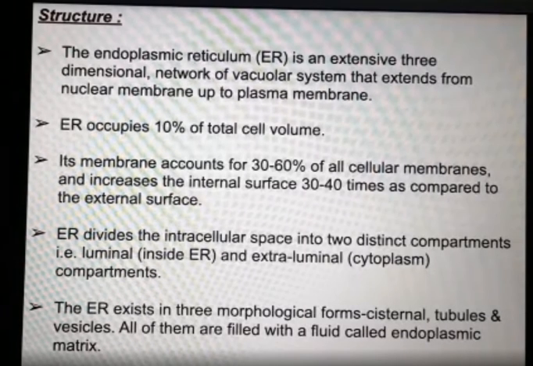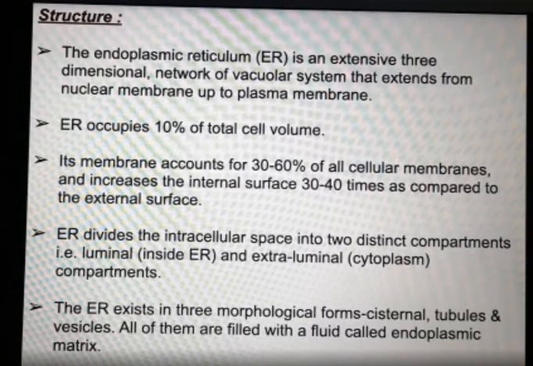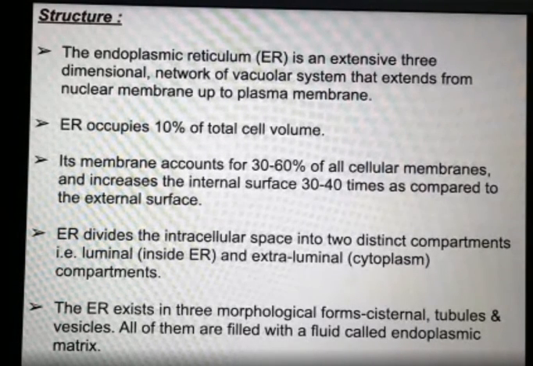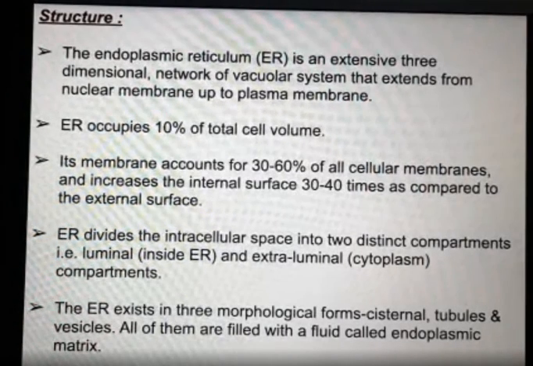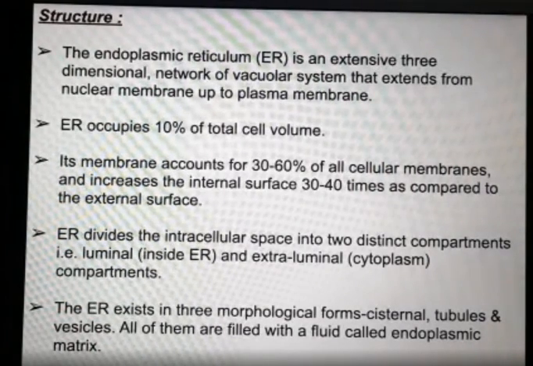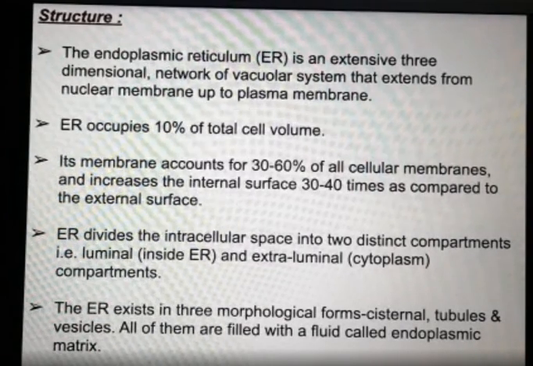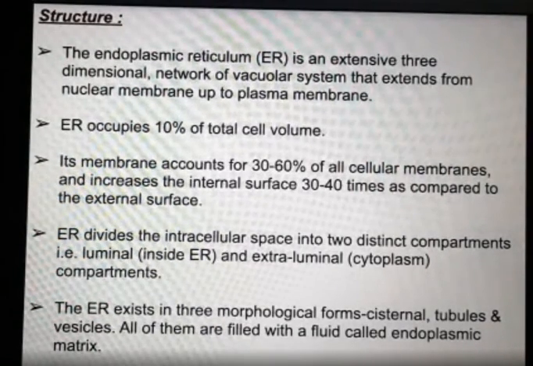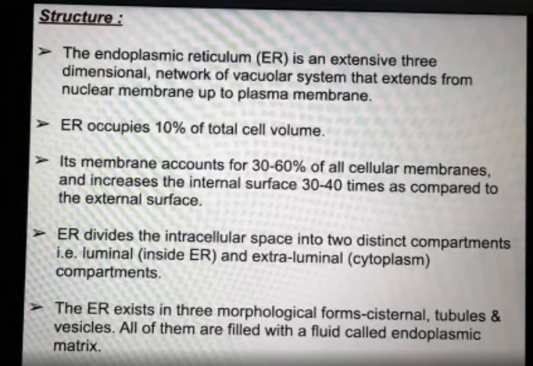The endoplasmic reticulum divides the intracellular space into two distinct compartments: the luminal compartment inside the endoplasmic reticulum and the extraluminal cytoplasmic compartment. The endoplasmic reticulum exists in three morphological forms: cisternae, tubules, and vesicles. All of them are filled with fluid, called the endoplasmic matrix.